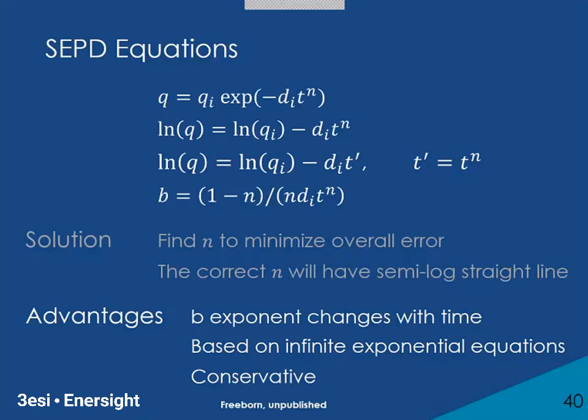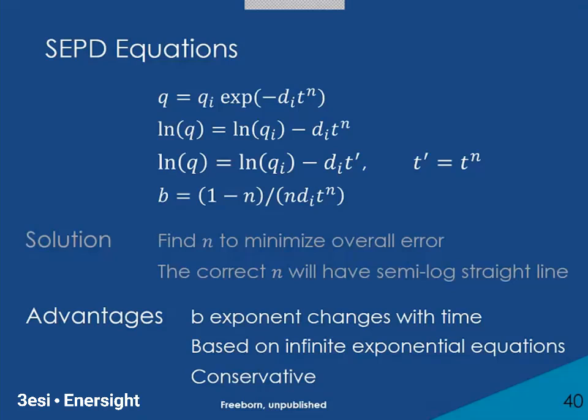The advantage that people said the stretched exponential equation had, first of all, the b value changes over time. Is that important or not? We'll look at that. Secondly, it's based on an infinite number of exponential solutions. So there's some theoretical basis to the stretched exponential as summing an infinite number of exponential equations.